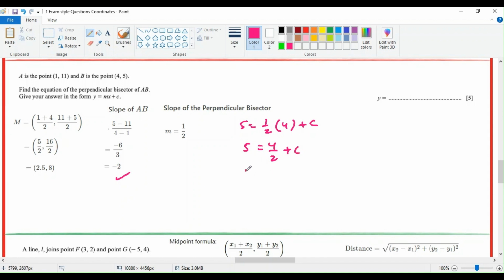That means 5 equals 2 plus c, and when this goes over to the other side, it's going to give us 3. So c is 3, and the equation is going to be y equals 1 over 2 x plus 3.